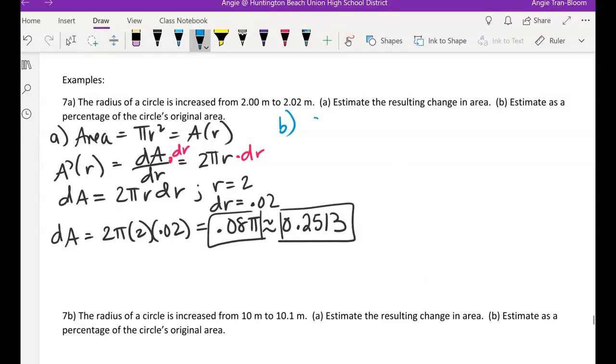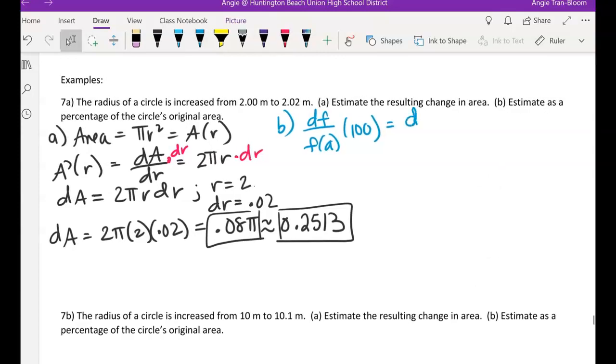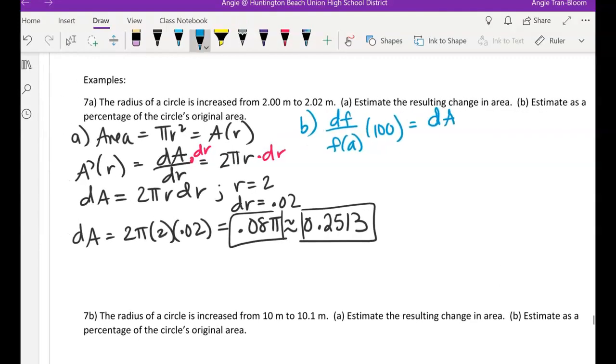So percentage means dA over A, and then I'm going to multiply by 100. Well, I don't have f, but I do have dA, because we're talking about area: the change in the area over the area of r.